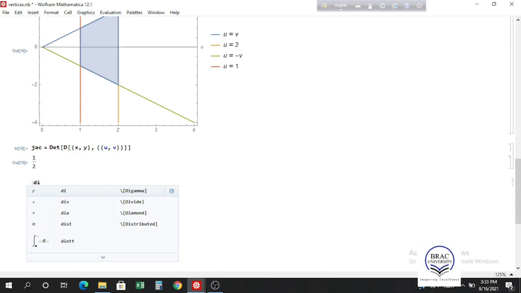Now write the double integral sign. So the limits of u are constants. So we'll have to integrate with respect to u later. First you have to integrate with respect to v. So dv first, because v goes from minus u to u, and then we'll integrate with respect to u. So v goes from minus u to u, and u goes from 1 to 2.